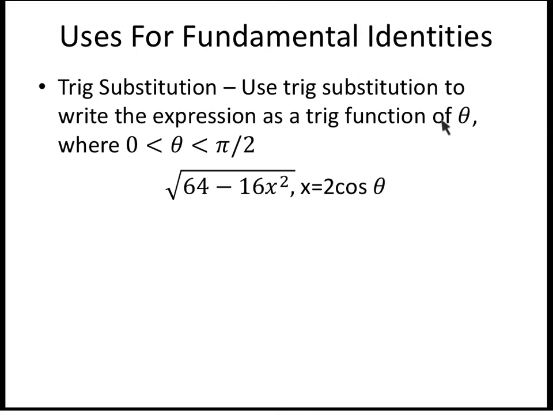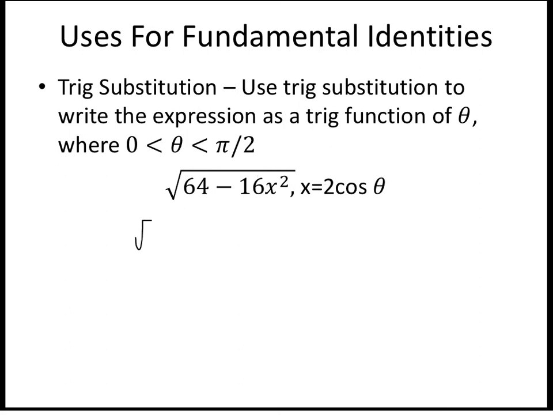And we're going to limit theta to being in the first quadrant, so between 0 and pi over 2. That keeps everything positive and it keeps us from having to look at extraneous or additional solutions. So everywhere I see an x, I'm going to put a 2 cosine theta.